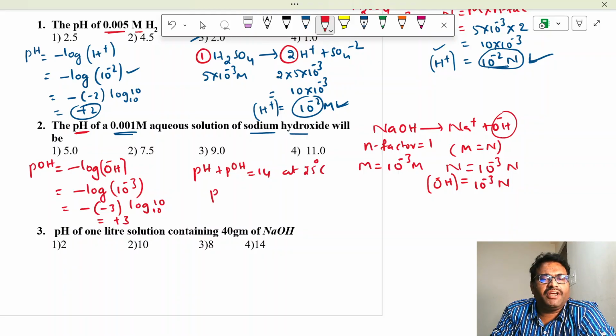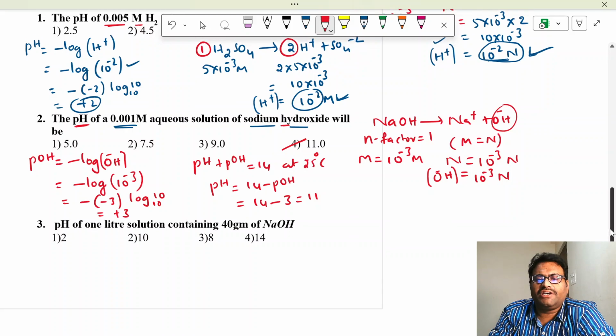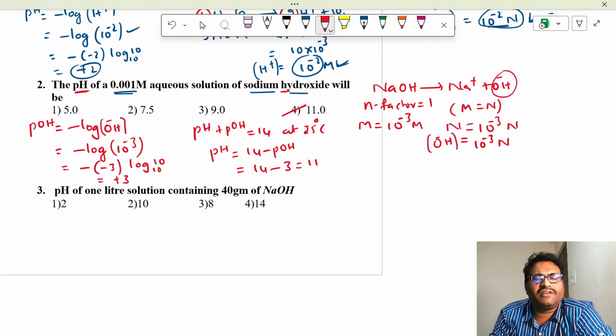Then pH is equal to 14 minus pOH, that is 14 minus 3, which is equal to 11. So the answer will be 11. Sodium hydroxide is a base, and for a base generally pH will be greater than 7.